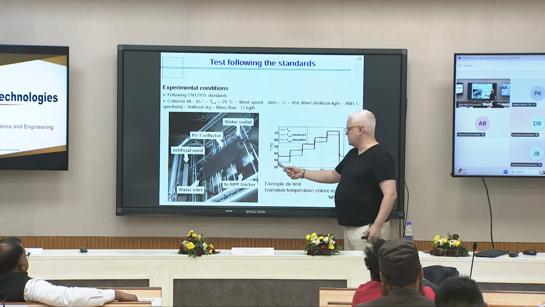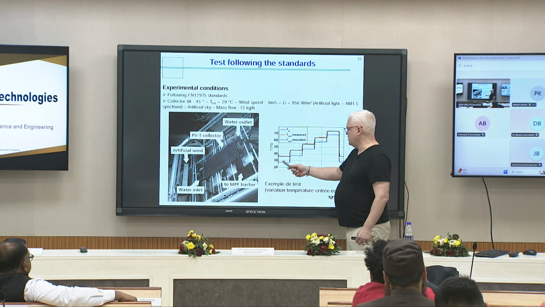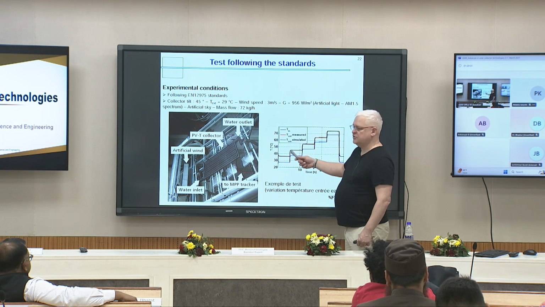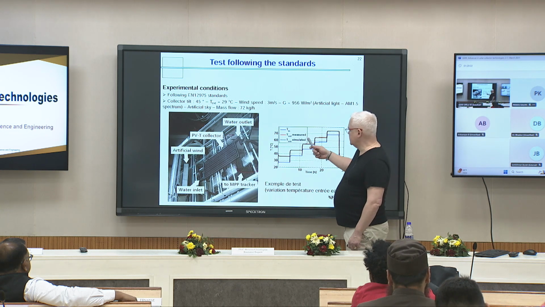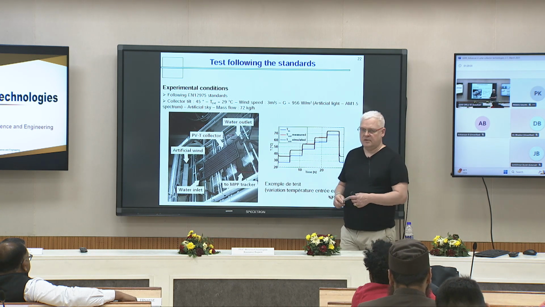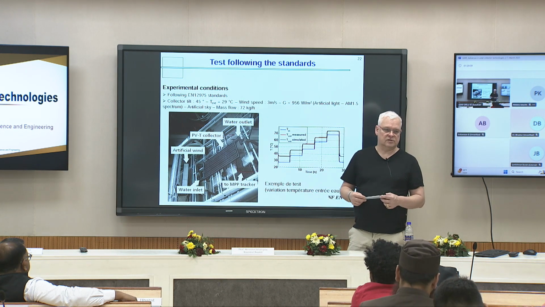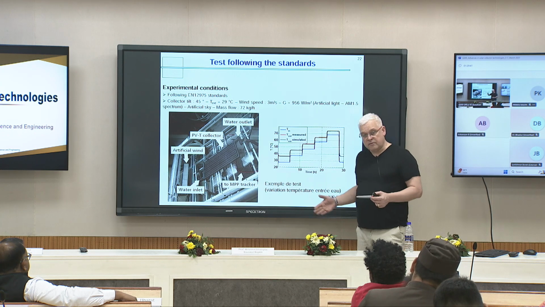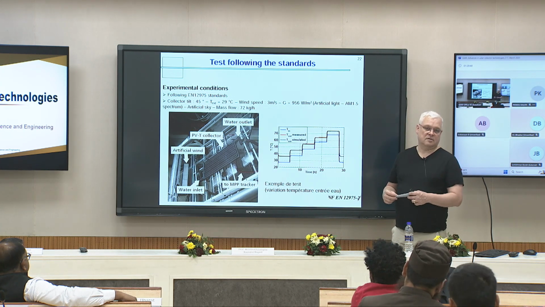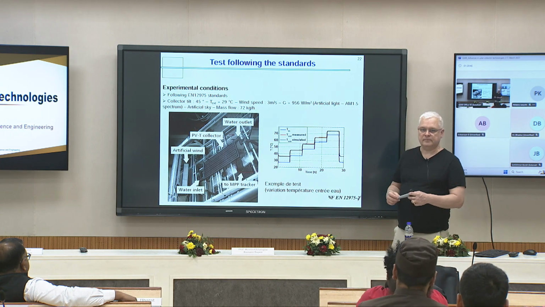When you test the solar thermal, you start with an inlet temperature, then you change the inlet temperature to see how it behaves, and it allows you to determine the curve as we have seen, at different inlet temperatures, okay?